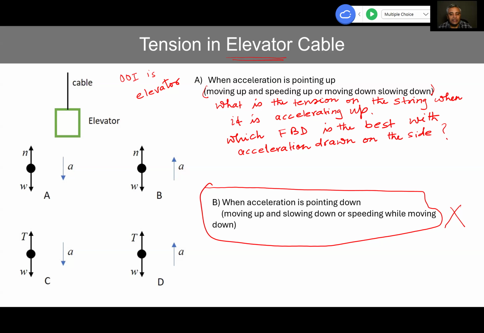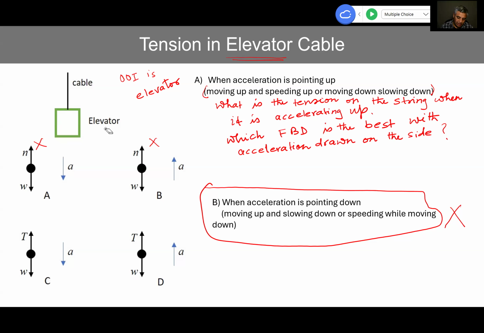That means there is no normal force acting on the elevator, so we cannot have this and that. The elevator is not supported by anything here. That's why A and B cannot be the correct answer.